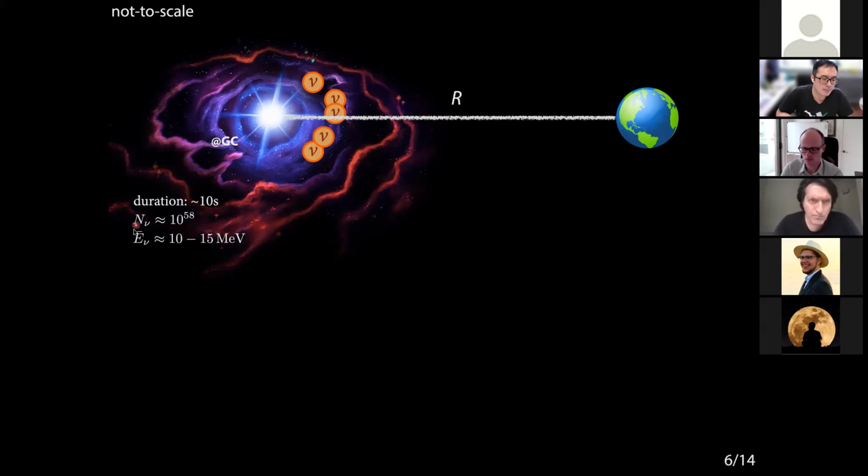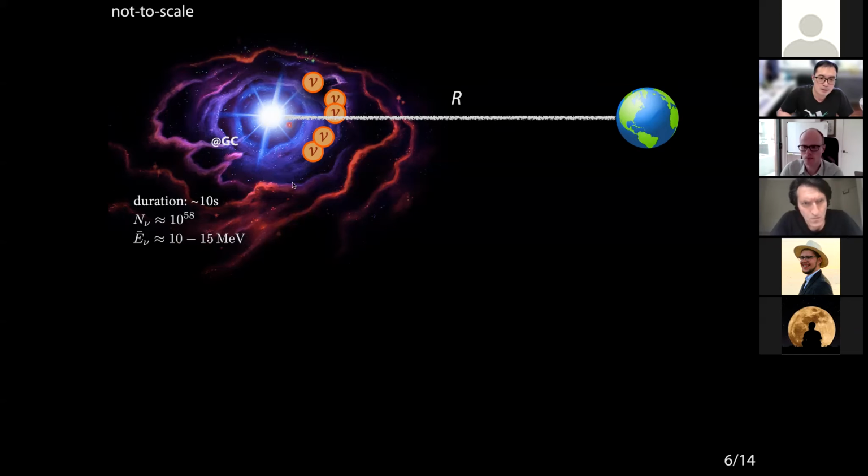This is some basic information for the supernova neutrino: when the star explodes, the duration is around 10 seconds, and it will emit countless neutrinos, and each neutrino, generally speaking, carries an average kinetic energy between 10 and 15 MeV.